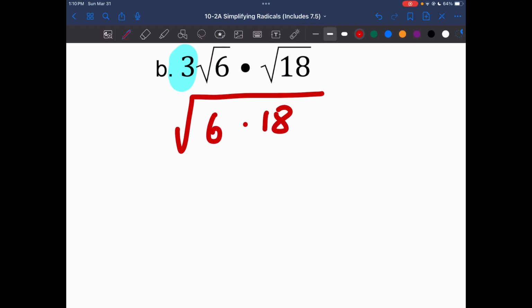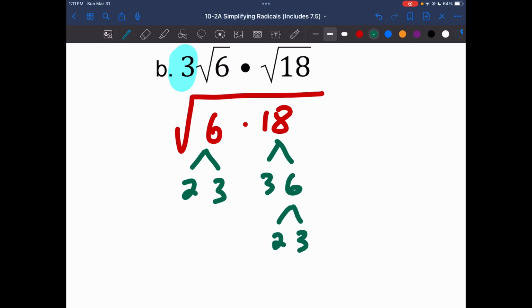Okay, so I'm going to just shortcut some math for you here. We can do it and break 6 down into 2 and 3 and break 18 down into 3 and 6 and then 2 and 3. Actually, yeah, might as well do that. Let's do that. We have 2 and 3. 18 is going to be 3 times 6, and 6 breaks down into 2 and 3.